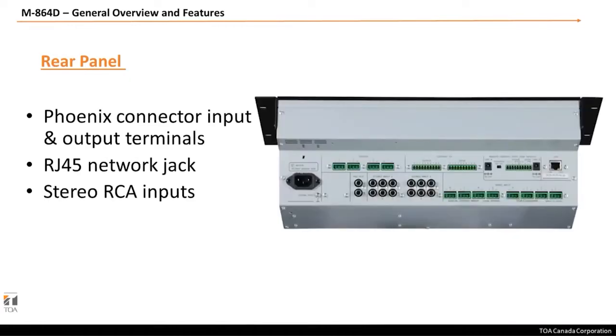This will all connect either with Phoenix connectors or stereo RCA connectors as well for more convenience from the stereo device that will be feeding the mixer. And since it's an assignable IP device, we have the RJ45 network connector.